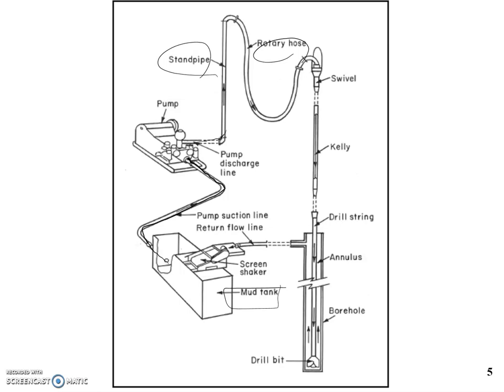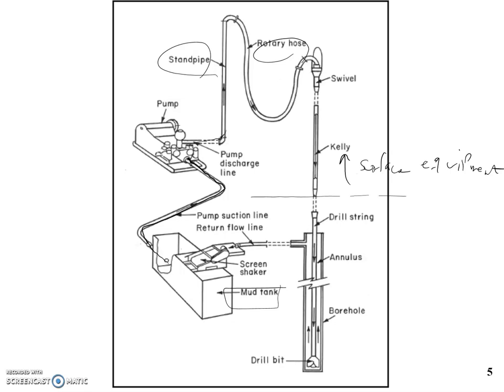Still, this part is the surface equipment. Anything on the top is surface equipment, and the drilling fluid travels from the mud tank to the pump through these surface facilities.